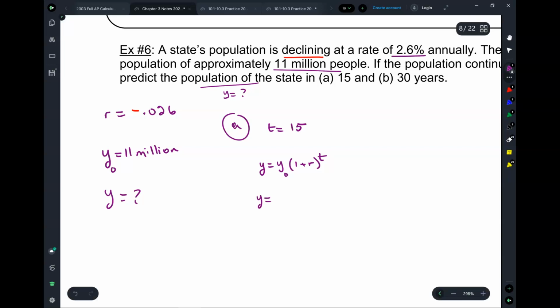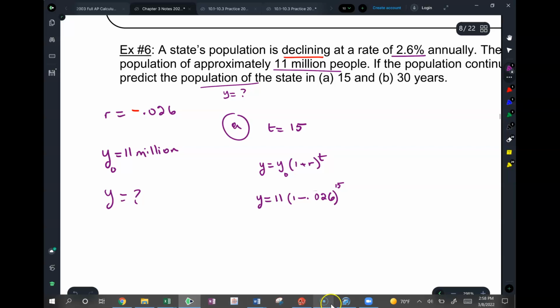So y equals 11 times 1 minus 0.026. I'm just going to write it as 11, knowing that it's in terms of millions. So 1 minus 0.026 to the power of t, which is 15.